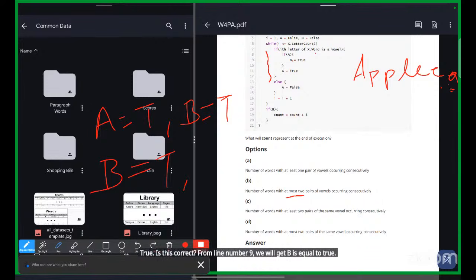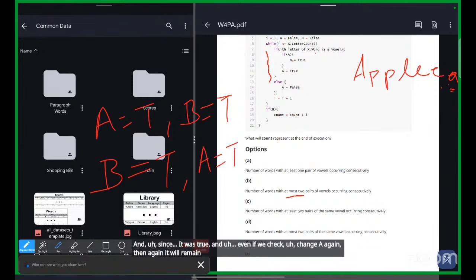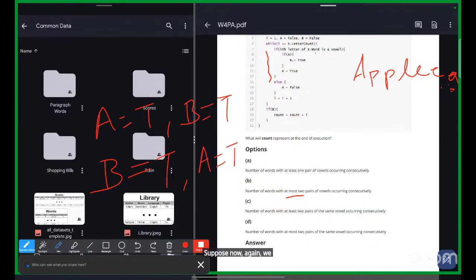And since A was true, even if we change A again, it will remain true, right? Suppose now again we have some other vowel. After A, we have maybe I. What will happen? Same thing, right?